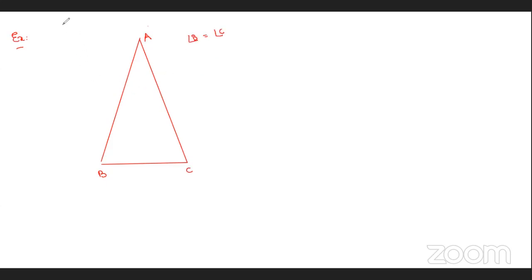And one light ray is incident normal to AB like this, perpendicular to AB, and takes total internal reflection here. Again incident on AB, again takes total internal reflection and comes out of the base normal.